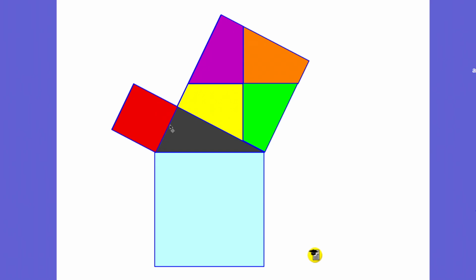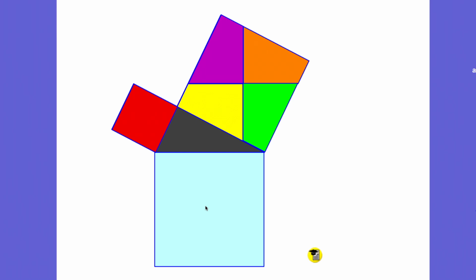So if this length was A, the area of this square would be A squared. We've done the same on this side. If this length was B, then this is a square, so the area of this would be B squared. And if the hypotenuse, the longest side, is C, the area of this square would be C squared.